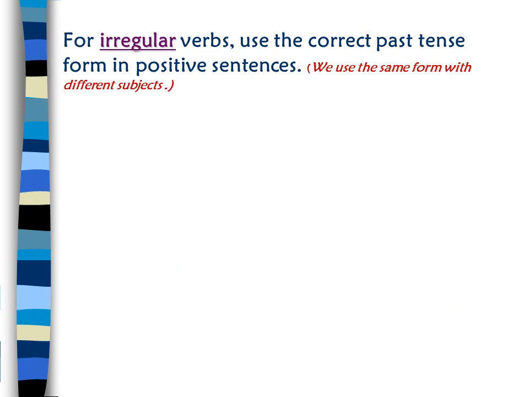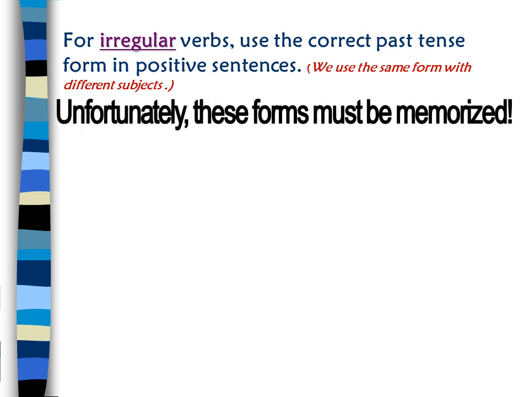For irregular verbs, use the correct past tense form in positive sentences. We use the same form with different subjects. Unfortunately, as I told you, these forms must be memorized. You should remember them. You have to. It's a must.